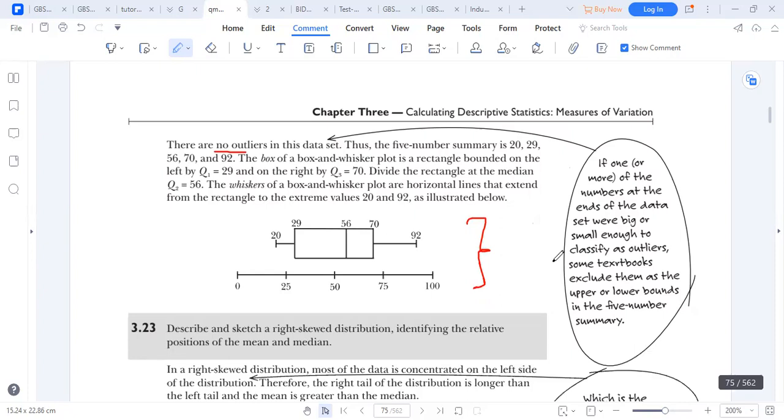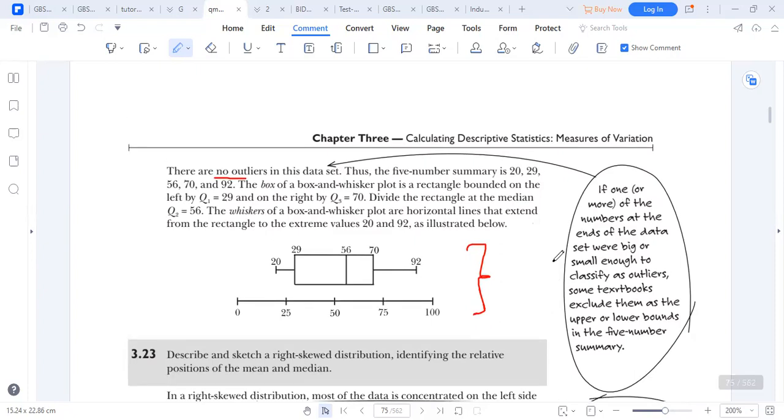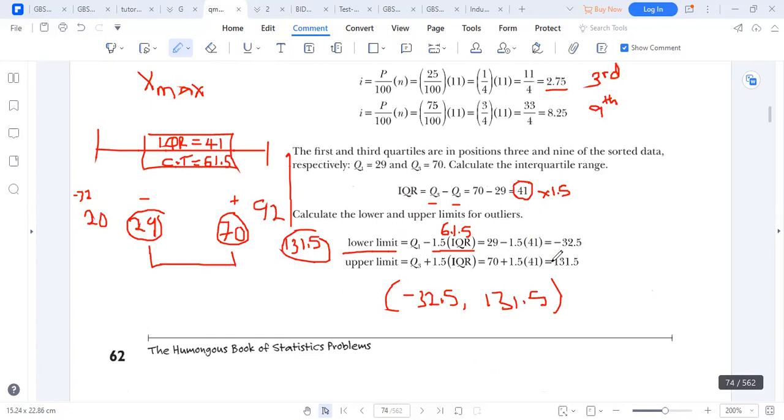I have one question. Please go back to your previous slide. Is it 61.5 minus 29 or 29 minus 61.5?